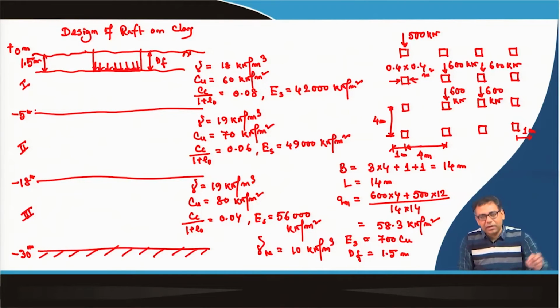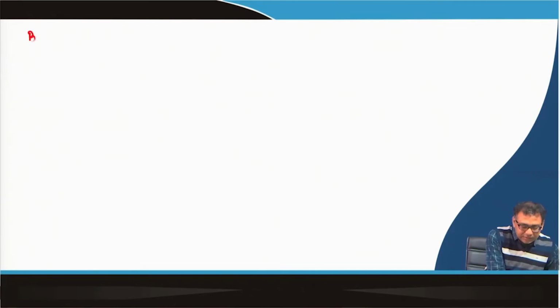Suppose if in the shallow depth you have a very soft soil or poor soil, then you can place the foundation at a slightly greater depth, so that you can place it on a better soil, but here the soil properties are the same. So, we are putting it at 1.5 meter below the ground surface. Okay. So, now we have to go for two checks, one is for bearing capacity, another is the settlement. So, first we are going for the bearing capacity check.